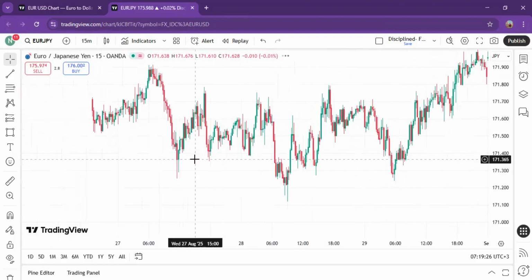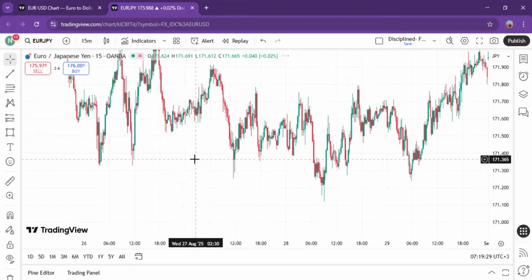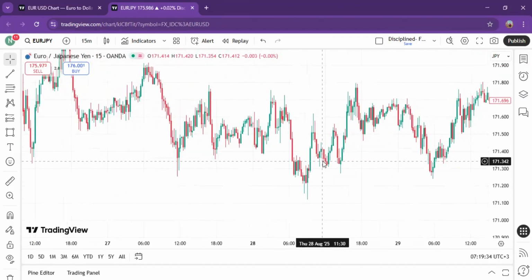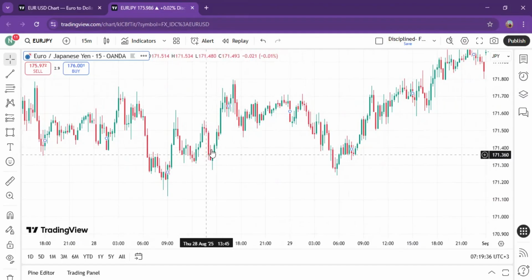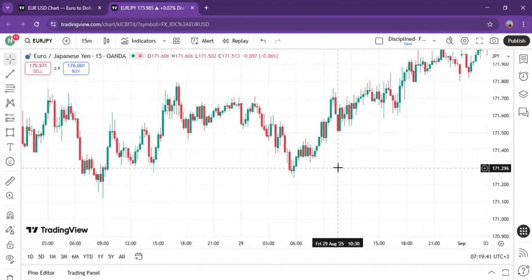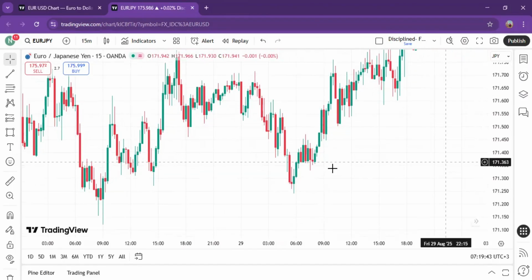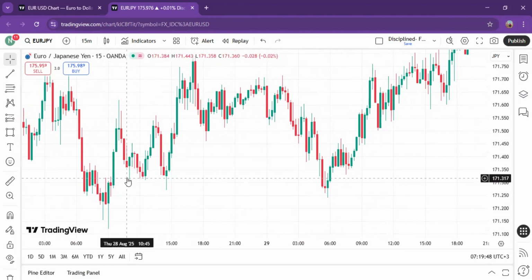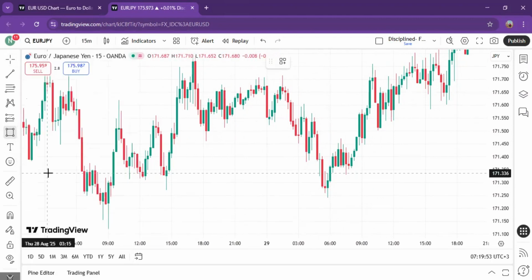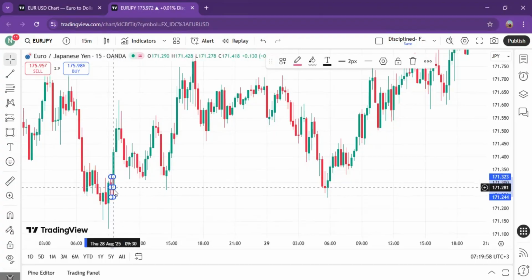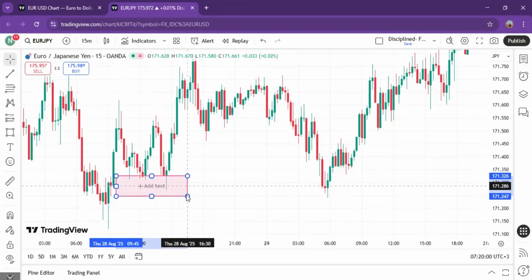So other examples that we have, this zone here at this point. So have a look at this. So at this point here, you can see that you have this demand.